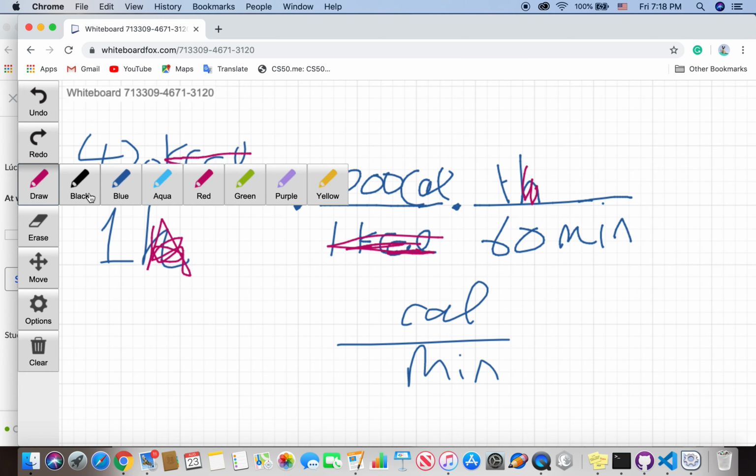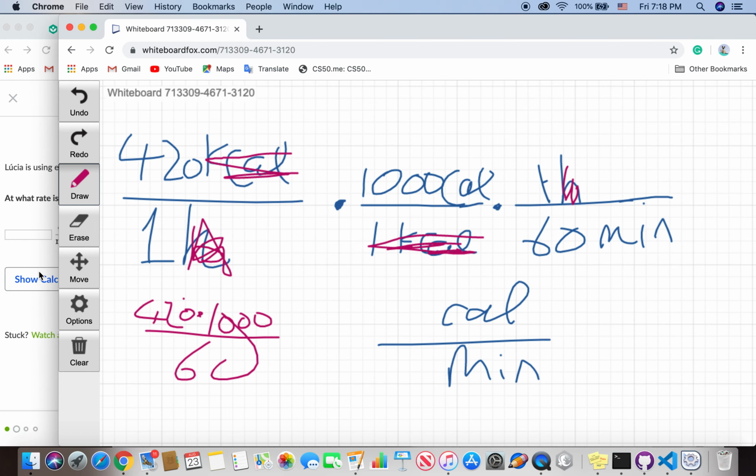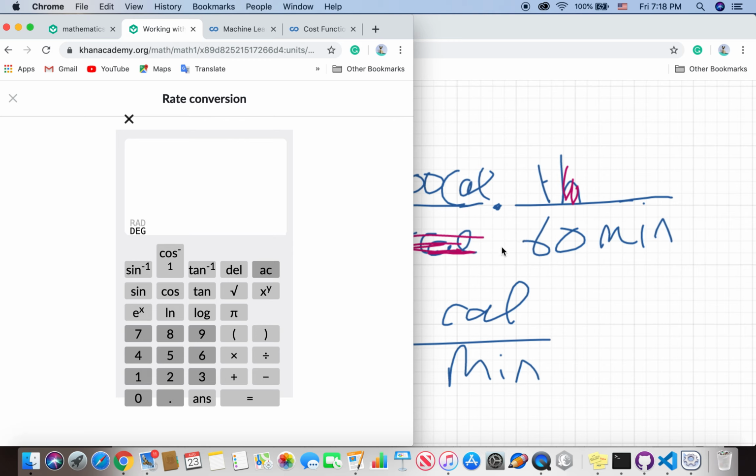So what we're actually left with is 420 multiplied by 1,000 divided by 60, and we are going to use Khan Academy's calculator.